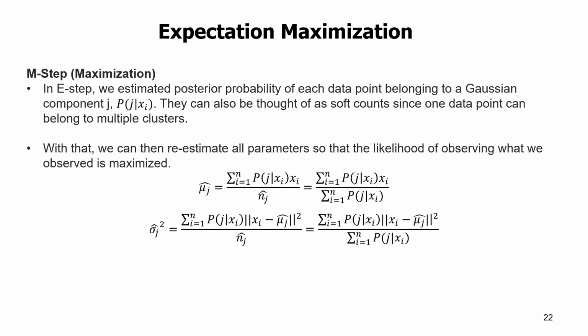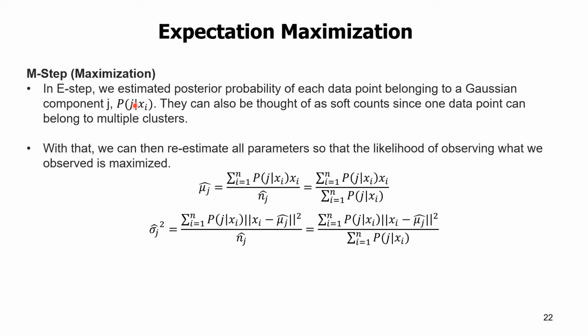The next step is the M step, maximization. After the E step is done, now we have this probability that xi is generated from Gaussian j. Since we are using EM for clustering, you can say this is the probability that xi belongs to cluster j.